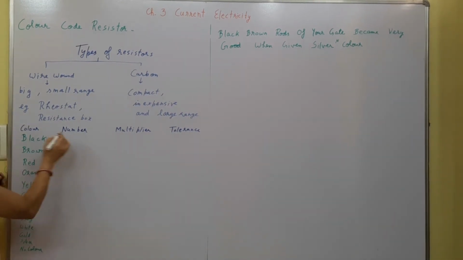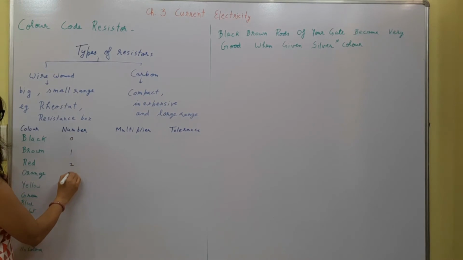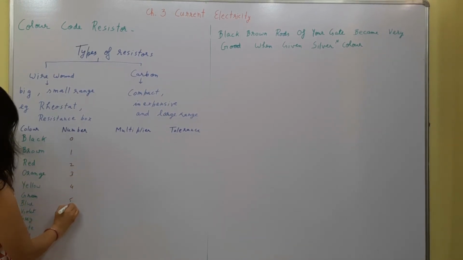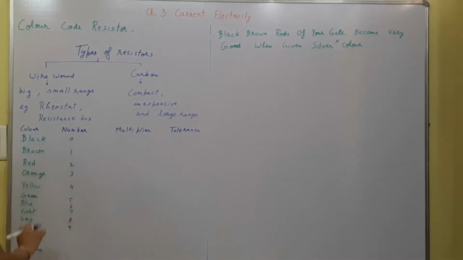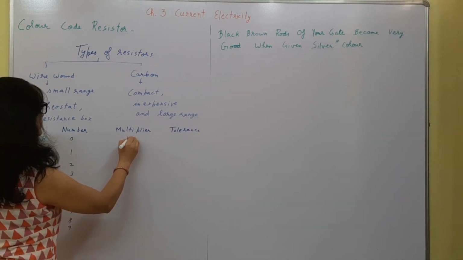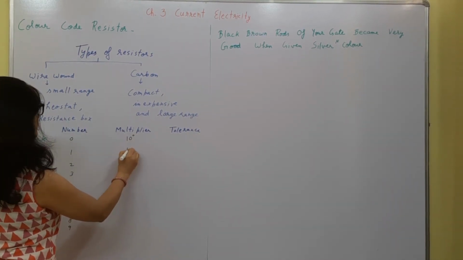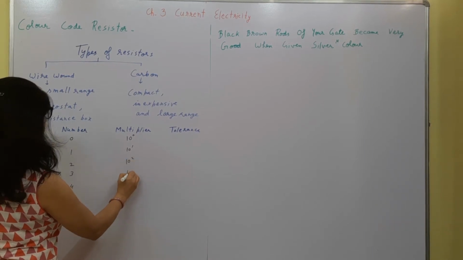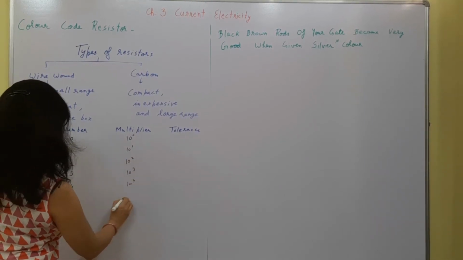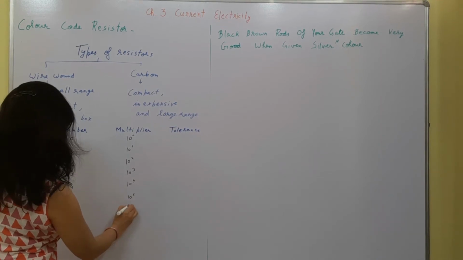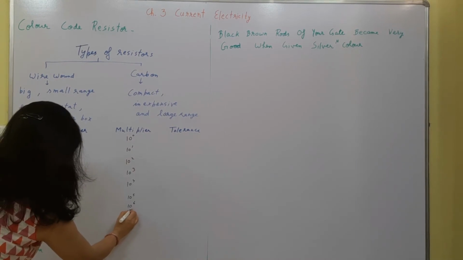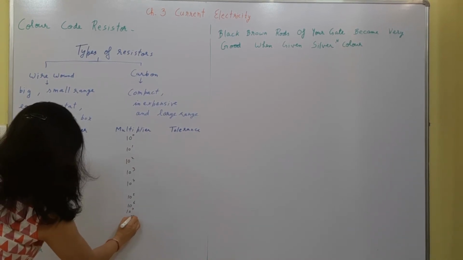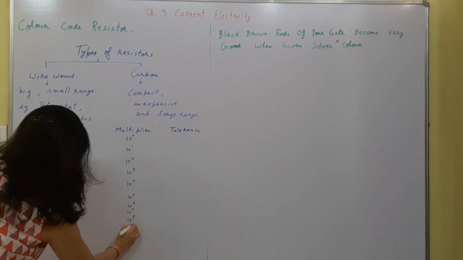So we'll mark it like this: 0, 1, 2, 3, 4, 5, 6, 7, 8, 9, and then the multiplier is written like this: 10 to the power 0, 10 to the power 1, 10 to the power 2, 3, 4, 5, 6, 7, 8, 9.